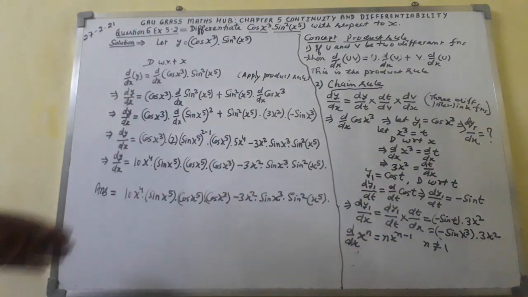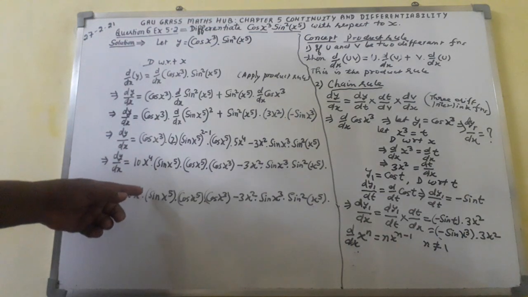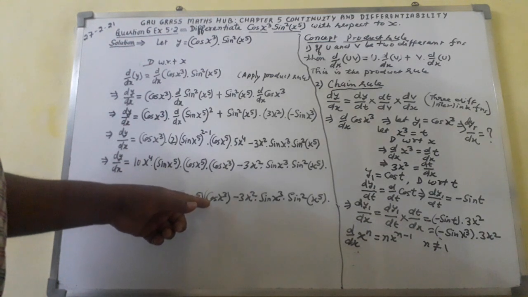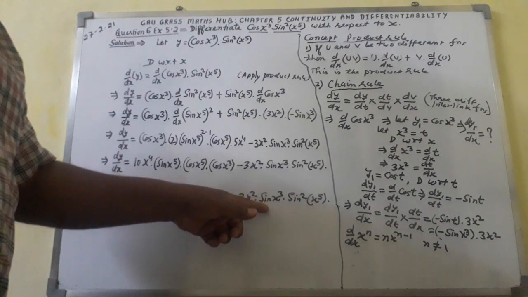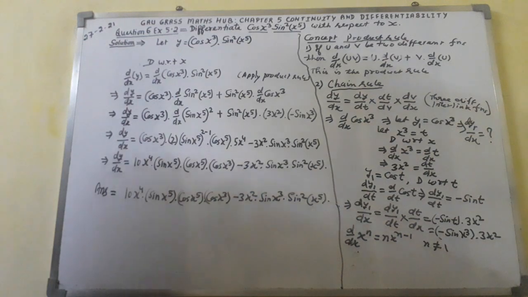So the final answer is 10x raised to power 4 dot sin x raised to power 5 dot cos x raised to power 5 dot cos x to the power 3 minus 3x square dot sin x to the power 3 dot sin square x raised to power 5.